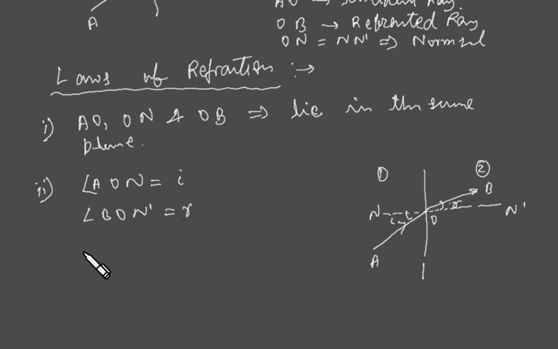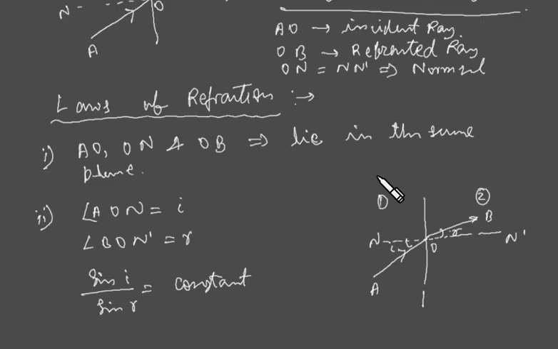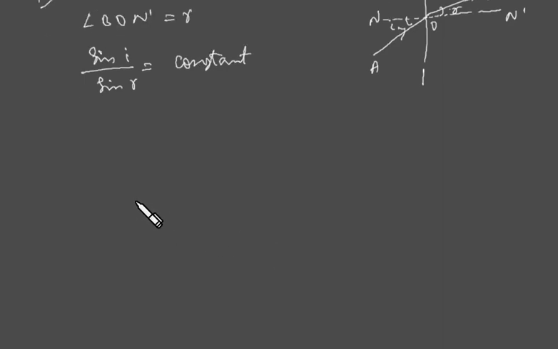Okay, and the second law says that the sine of the angle of incidence divided by the sine of the angle of refraction is a constant, but when the two pairs of media are kept constant. Now what does it mean? Let me tell you. Let me draw the surface horizontally.